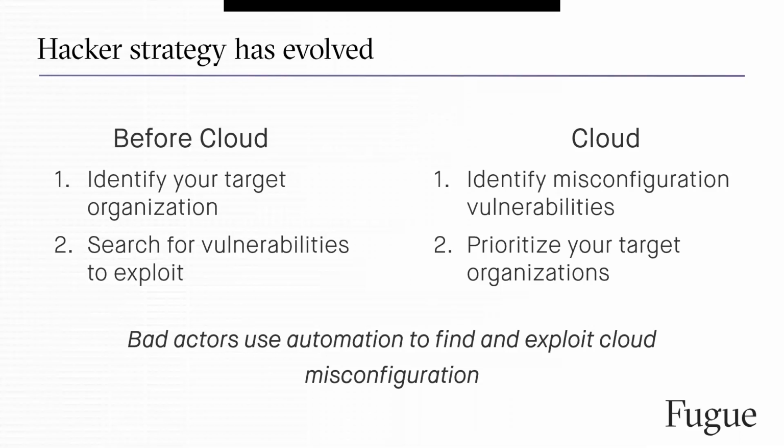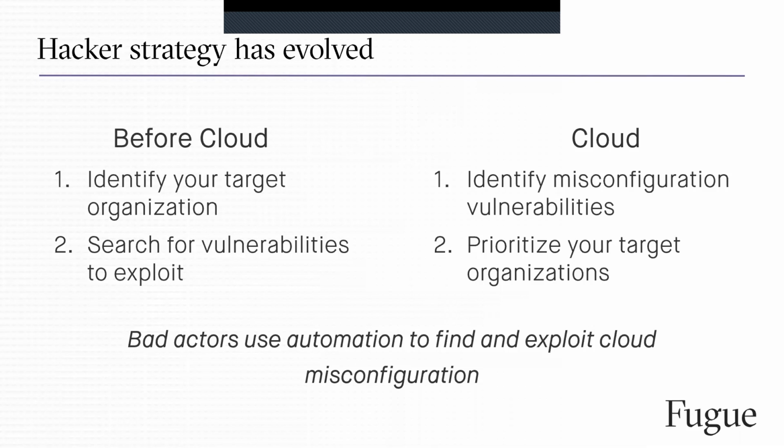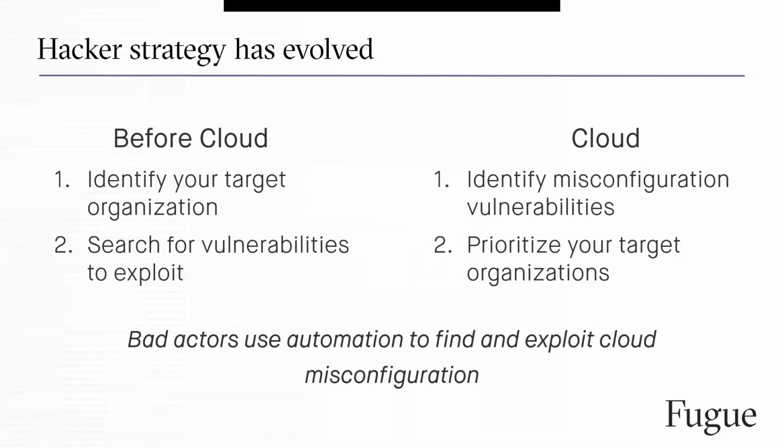It does happen, but usually what we see now, including on some of the big breaches that made the news over the last few years, is that in the cloud era, the bad guys are running automation to constantly look for anything you've misconfigured. So they're running bots that identify misconfiguration vulnerabilities just 24/7.